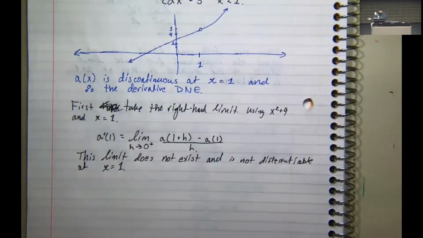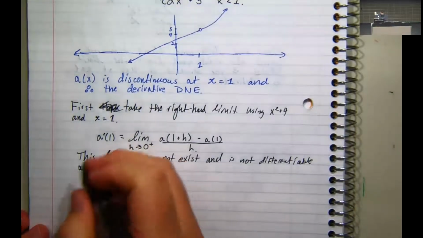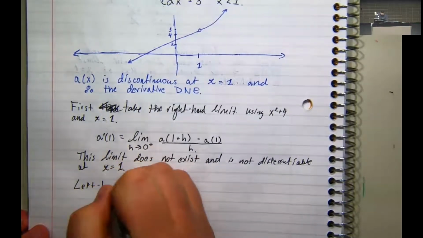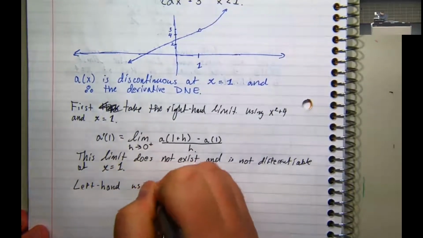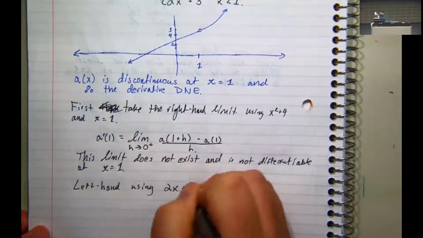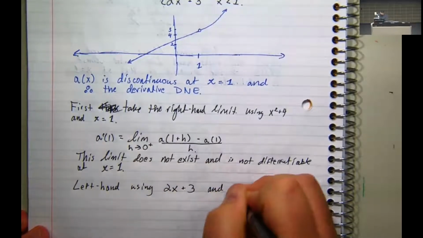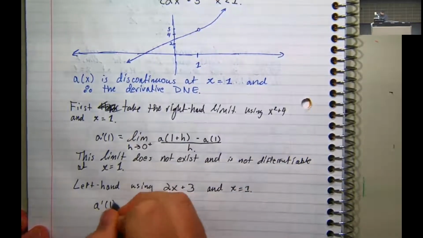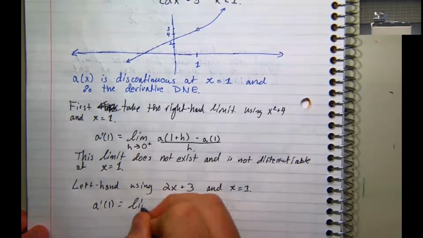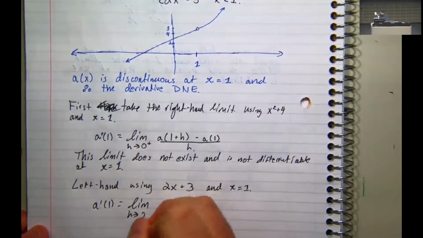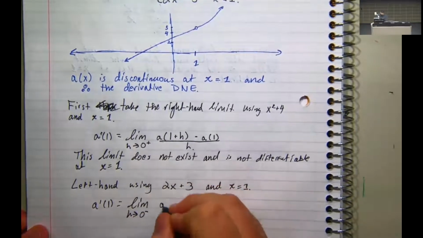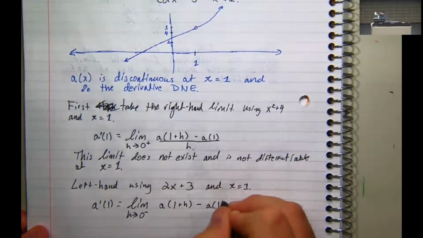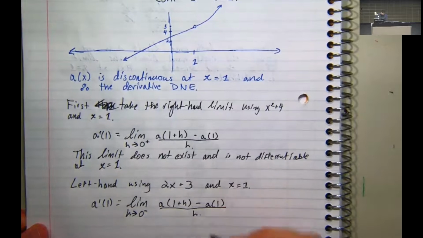But just for completion, we'll still try it with the left hand, but the same thing is going to happen. Left hand, using 2x plus 3 and x equals 1. A prime at 1 is equal to the limit as h approaches 0 from the negative of a(1 plus h) minus a(1) all over h.